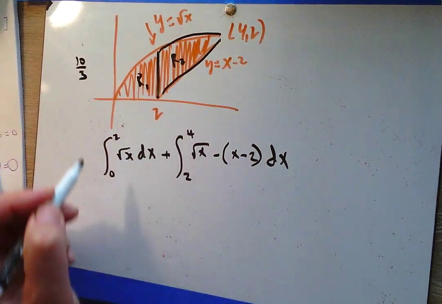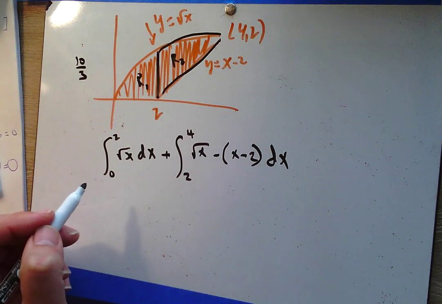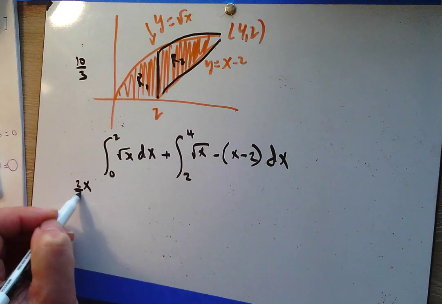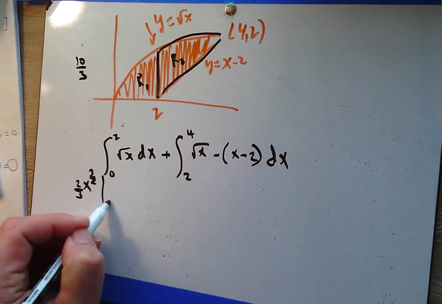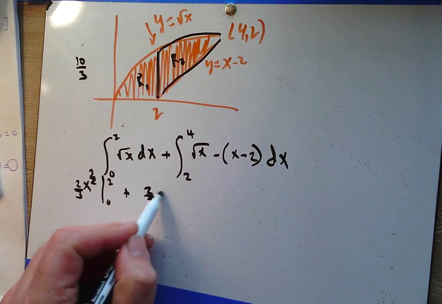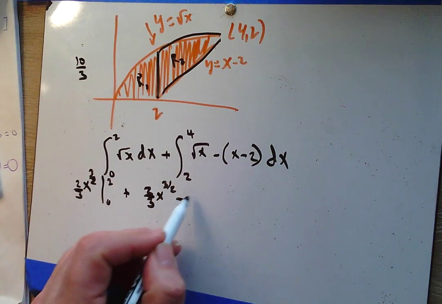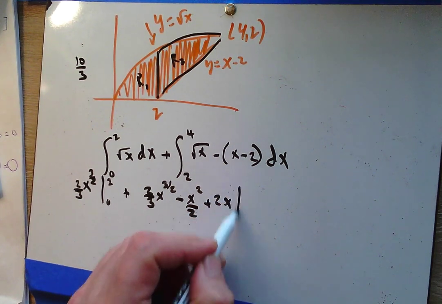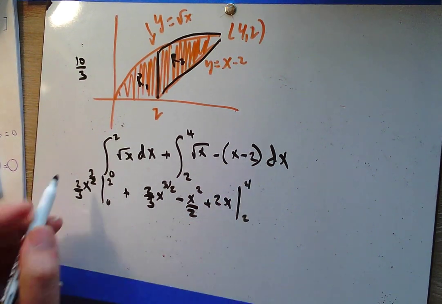We saw 10/3 was the answer the last time we did the problem. Let's check it out this time. So we get 2/3 x to the 3/2 from 0 to 2 plus 2/3 x to the 3/2 minus x squared over 2 plus 2x from 2 to 4.